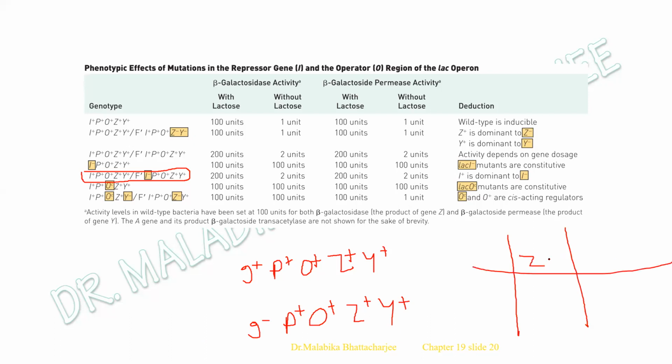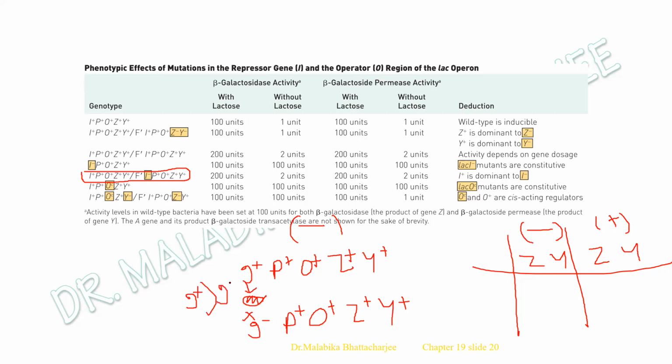So Z, Y, Z, Y. Absence of lactose, presence of lactose. Now see, in absence of lactose, no lactose in the system, minus. This is producing normal repressor. This has no product, but we all know that I plus is dominant to I minus.